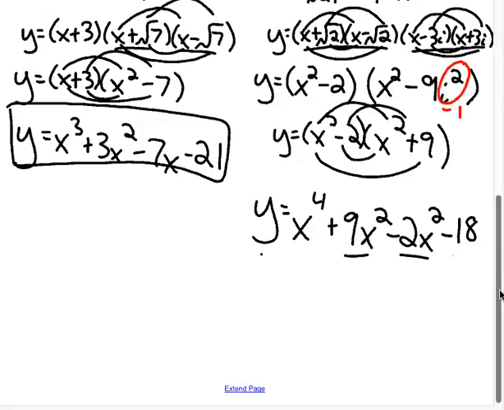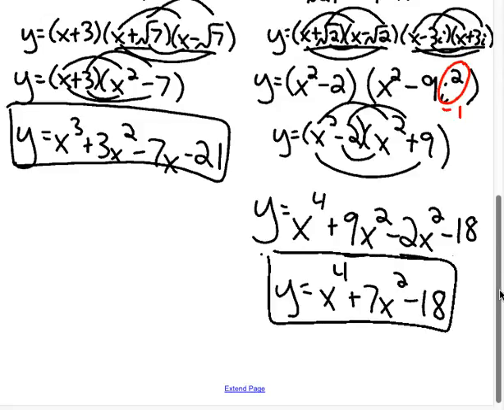This time I do see like terms that can combine, and so I get all the way down to here. All right. And again, just make sure you know the shortcuts because that will help you. Don't write out all the things that are going to cancel anyway, because you're just going to get bogged down on little details and miss kind of the big picture that's going on.